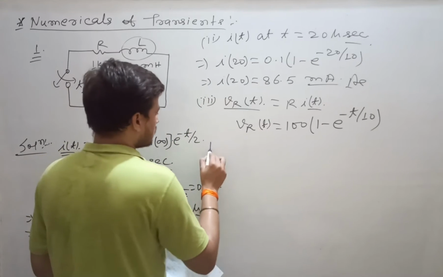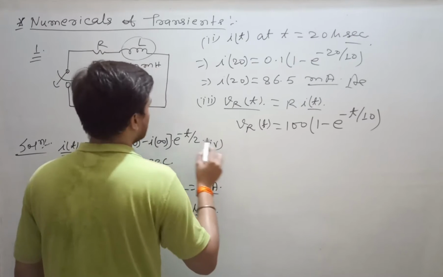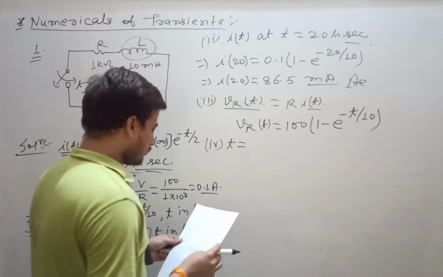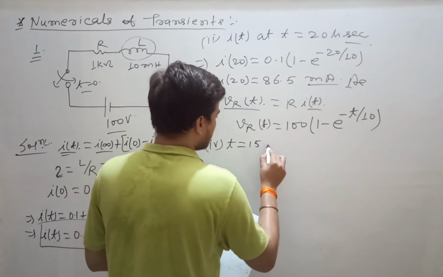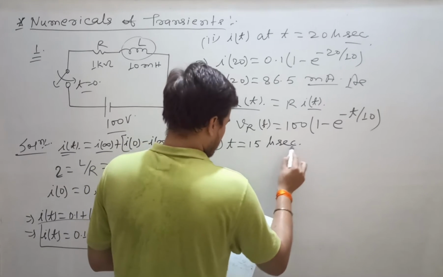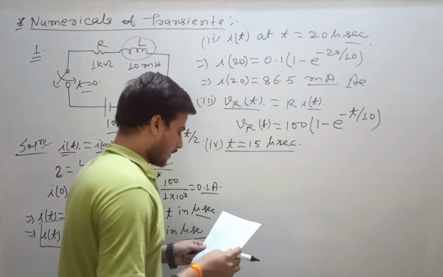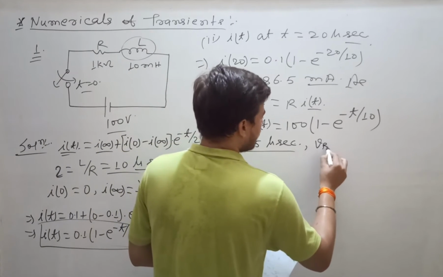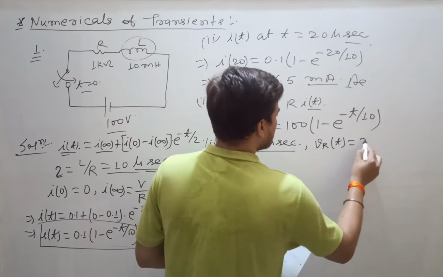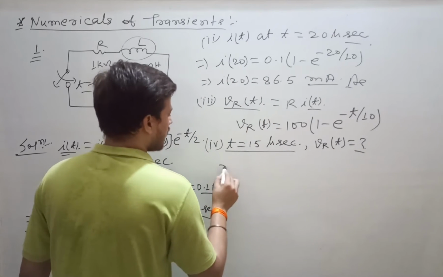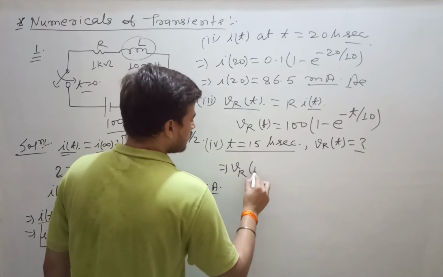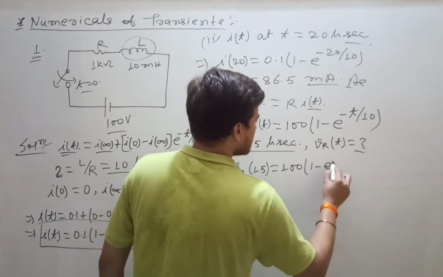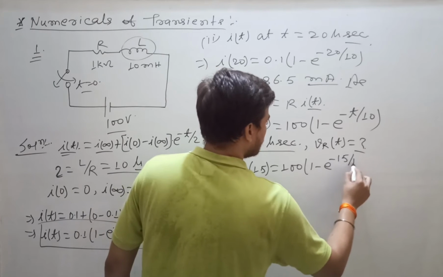Fourth question is, given that t equal to 15 microsecond, you have to find the value of VRT. So you write VR 15 will be equal to 100 into 1 minus e to the power minus 15 by 10.